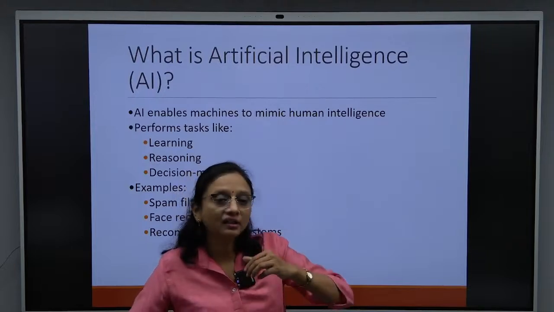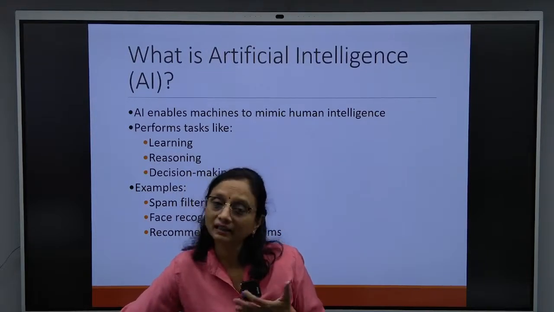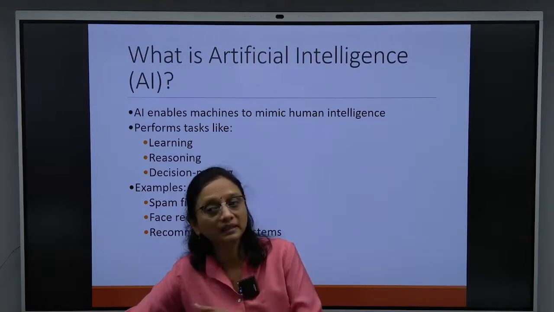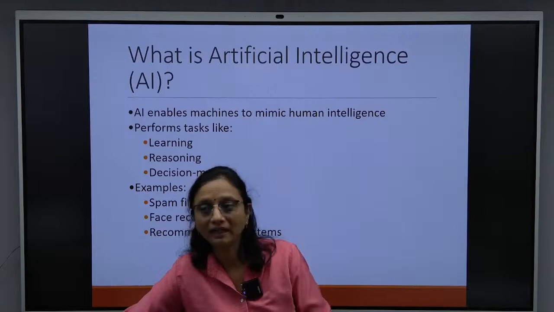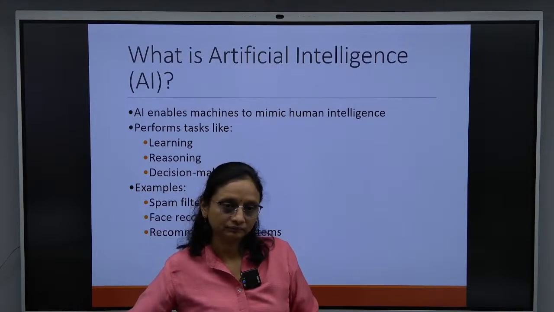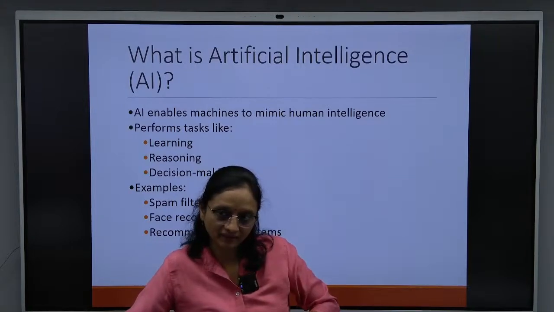We are using a predefined machine learning algorithm, and it checks whether the mail sent by a person is spam or primary mail. Got my point? Should I explain it again?